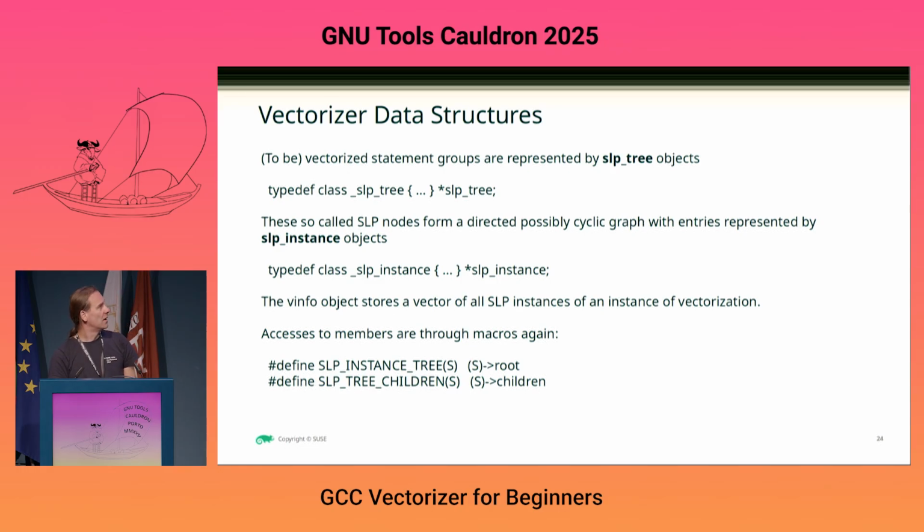On the instance, you have the root. That's the SLP instance tree, the SLP tree this entry refers to. For example, when you have a loop and you have a store, then one of the graph entries is the store.